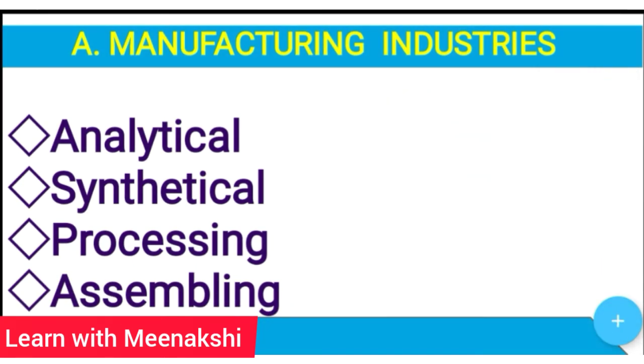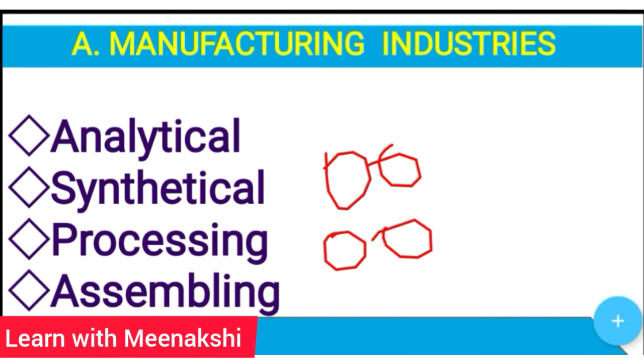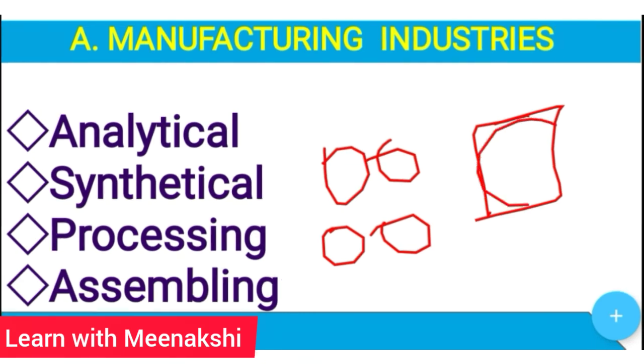Yes. So the next industry is assembling industry. Assembling industry usually refers to those industries which assemble different components and parts to make a new finished product. For example, television, car, computer. To make a car as a finished product, you have to purchase tires from one industry and the headlight from one industry and the various seats from one industry, the window glasses from one industry.